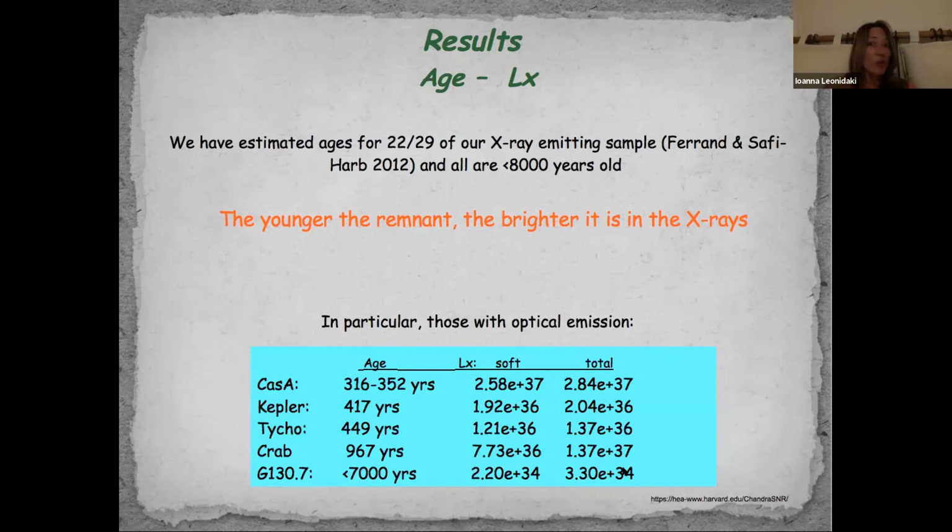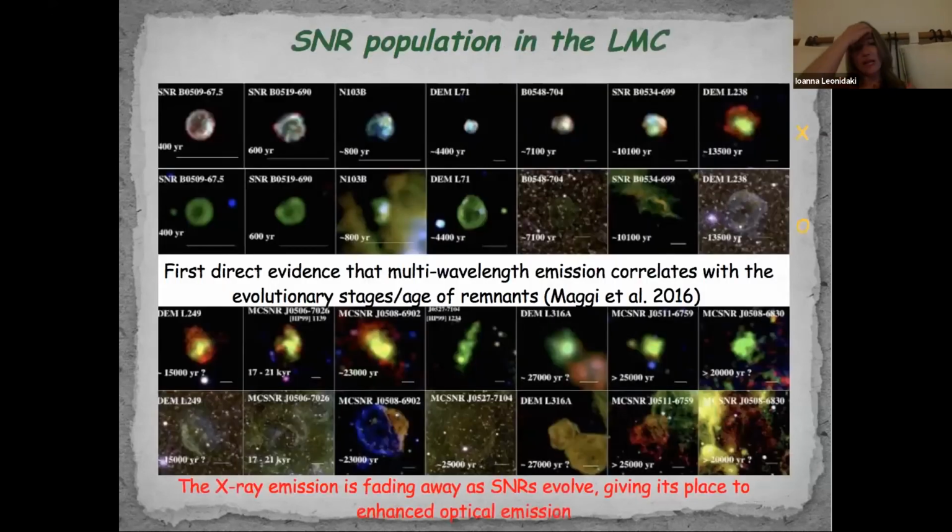And this is not the first time someone sees something like this, because the first direct evidence that multi-wavelength emission correlates with evolutionary stages came from Maggi et al. 2016, when he performed a very comprehensive study of the SNR population in the LMC, with 60 objects.